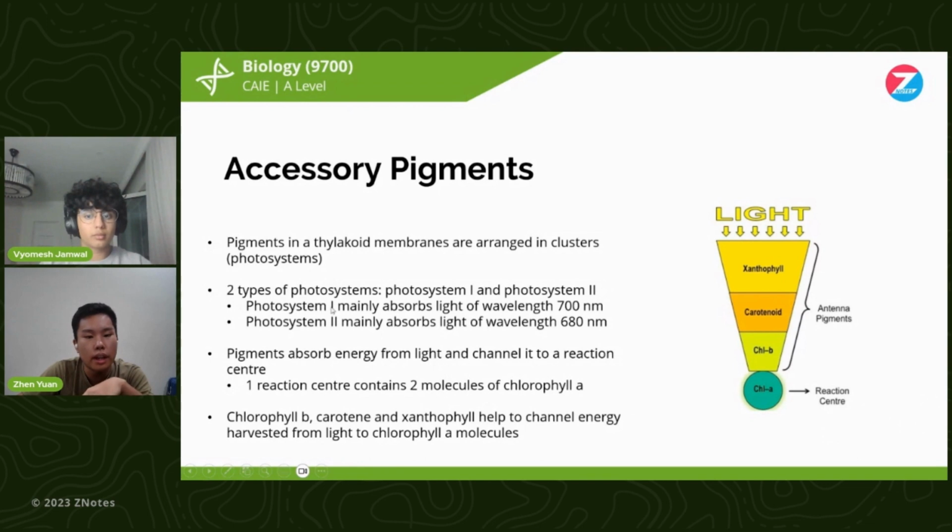Photosystem 1 mainly absorbs light of wavelength 700 nanometers, and photosystem 2 mainly absorbs light of wavelength 680 nanometers. This is quite a specific point that you may have to remember, because it has come out in past exam mark schemes. So it's good to remember these values.